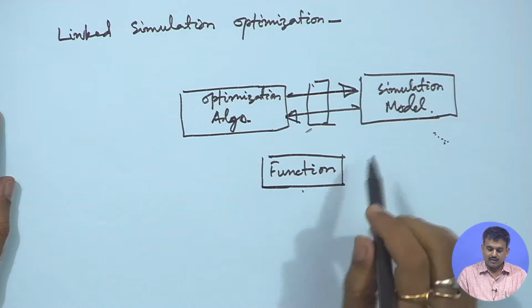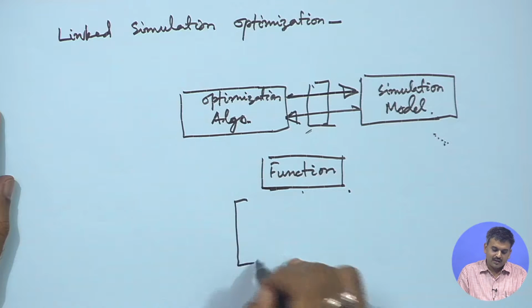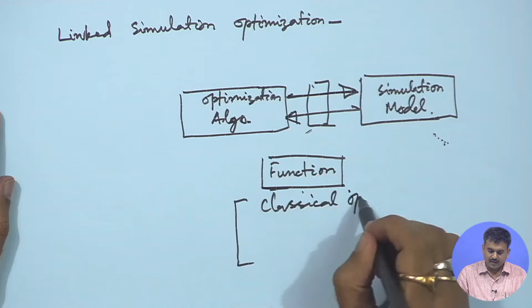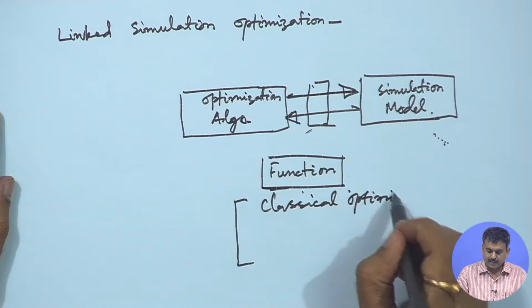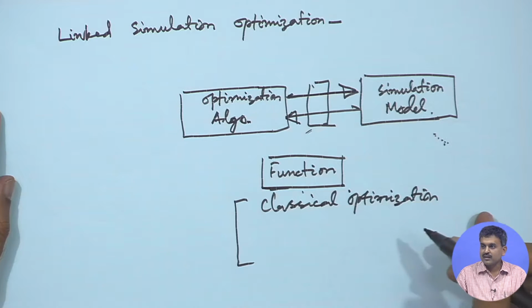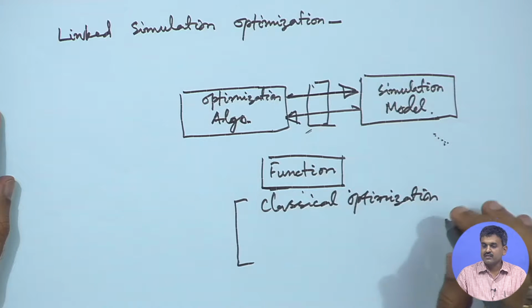Now, why is this function required? If you have classical optimization, then you cannot directly utilize this function value. Why?